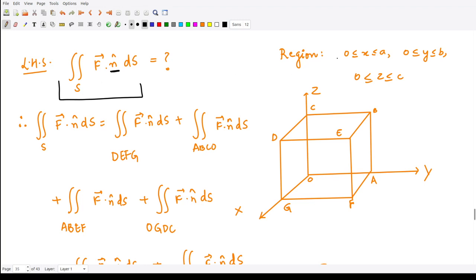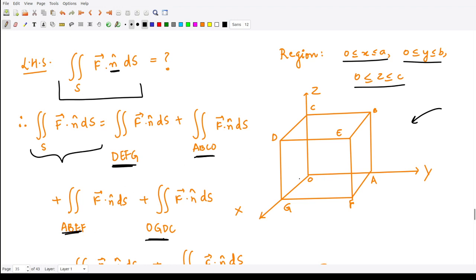So our region here is defined within these limits. So within these limits, this is the region. So we are to calculate the surface integral. Now in this figure, how many faces can you see? There are 6 faces in total. So that means we'll perform this surface integration corresponding to each of these 6 faces.